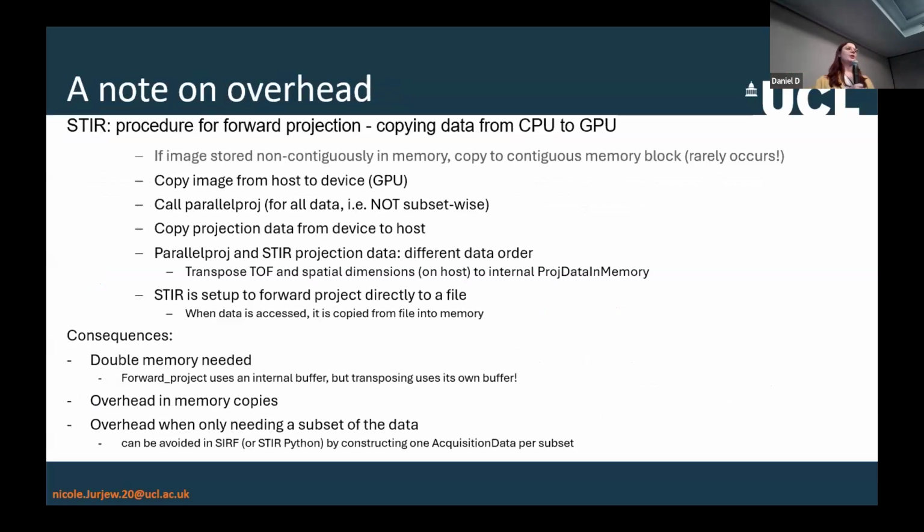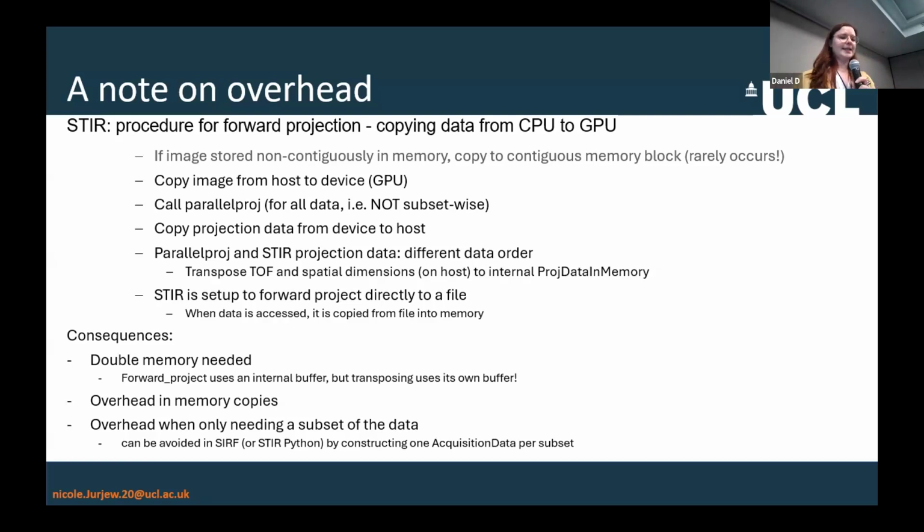So there's a note on overhead that I give you before I present the timing results. That's because there's an overhead when we project the data, especially because we're copying data from the CPU to the GPU, and not just once, but multiple times.